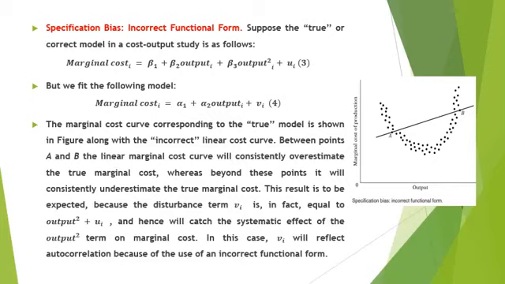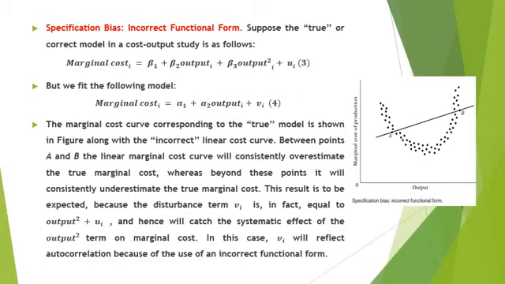Here, the marginal cost curve corresponding to the true model is shown in the figure along with the incorrect linear cost curve. The problem with this kind of specification is that between points A and B, the linear marginal cost curve will consistently overestimate the true marginal cost, whereas beyond these points, it will consistently underestimate the true marginal cost.